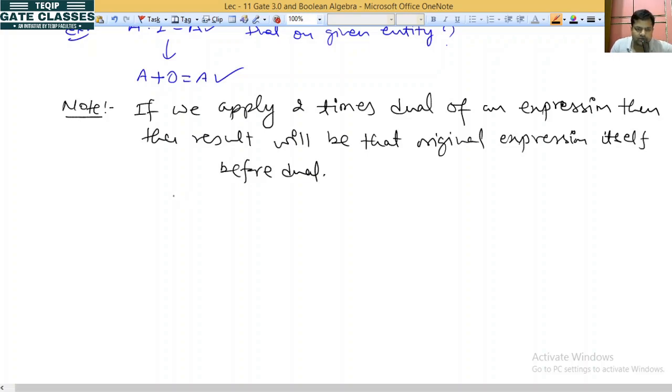What does it mean? It means that suppose I have a dot 1, a AND with 1 equal to a, this is our expression.